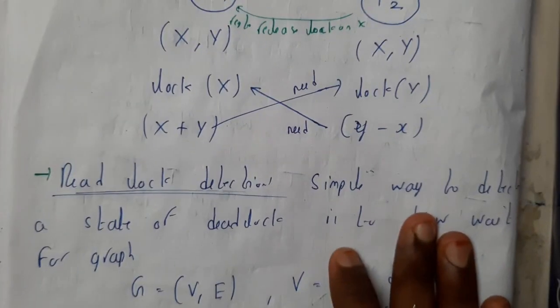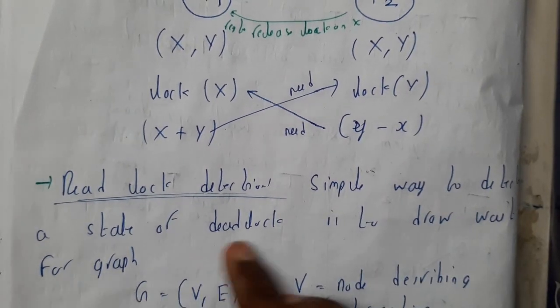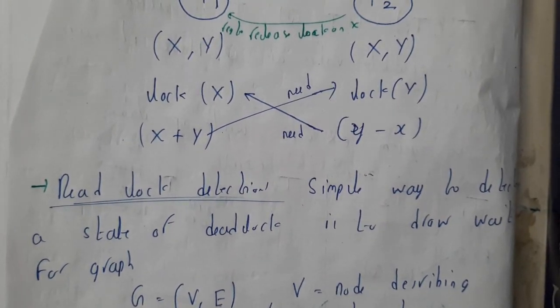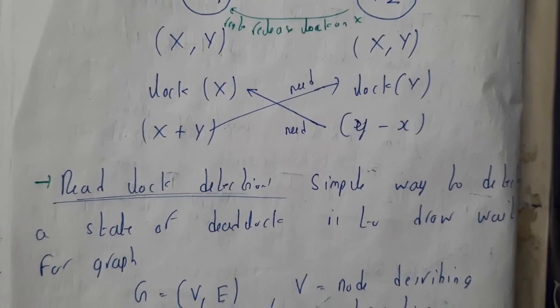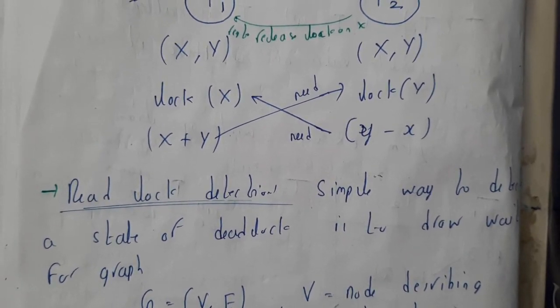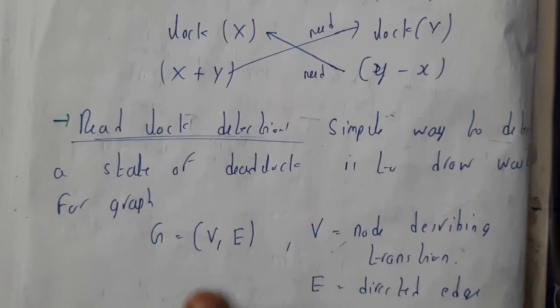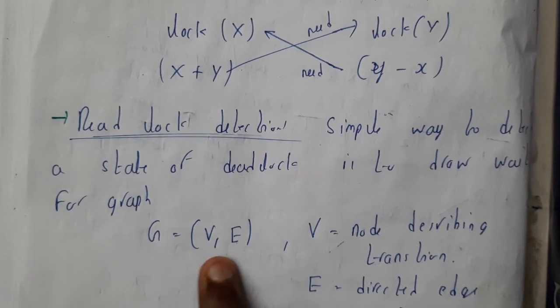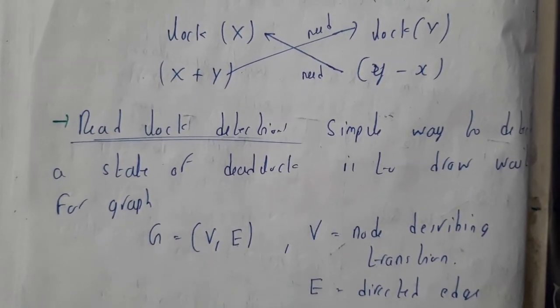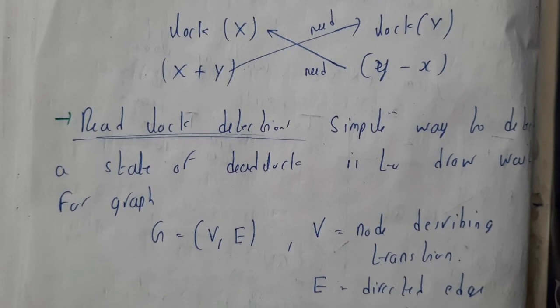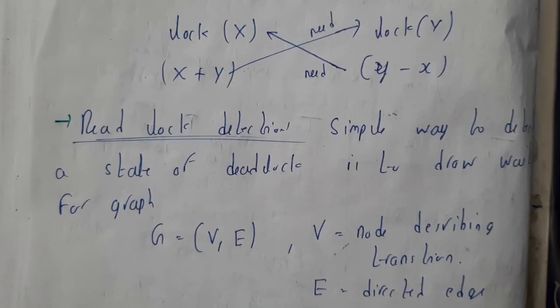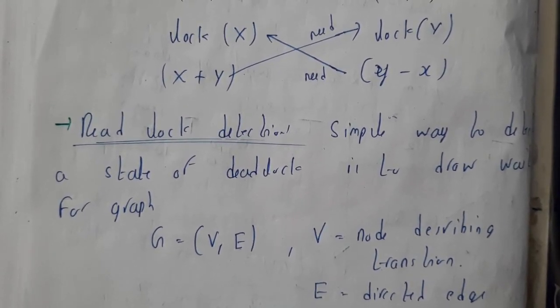Deadlock detection. A simple way to detect the state of deadlock is to draw a wait-for graph. We draw a graph G with V and E. V is the set of transactions, and E will be the directed edges.